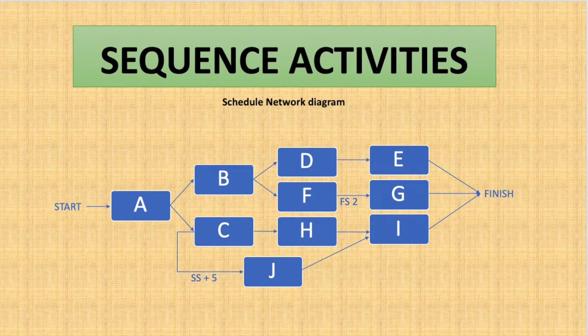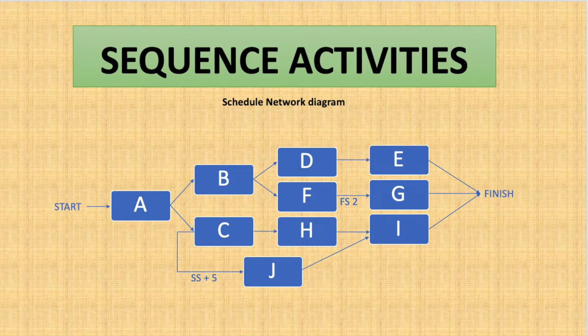Once we have the durations, we will know how long each path takes. So this network will help us create a critical path, understand it, and manage it later during the develop schedule and control schedule processes. So this is the schedule network diagram as an output.